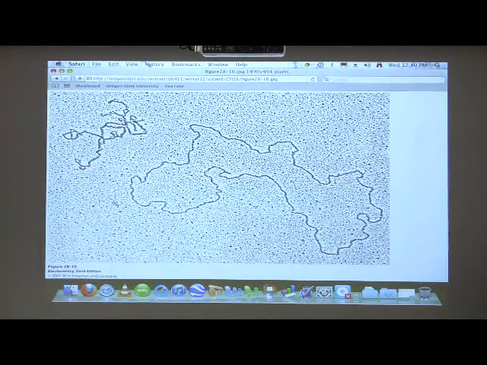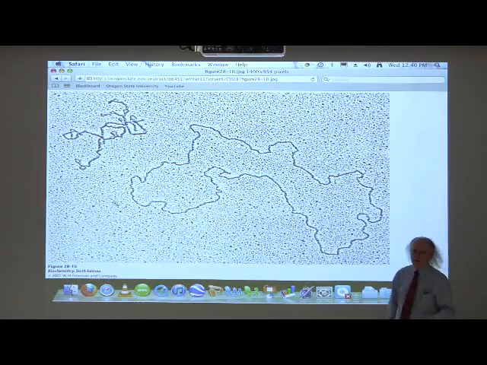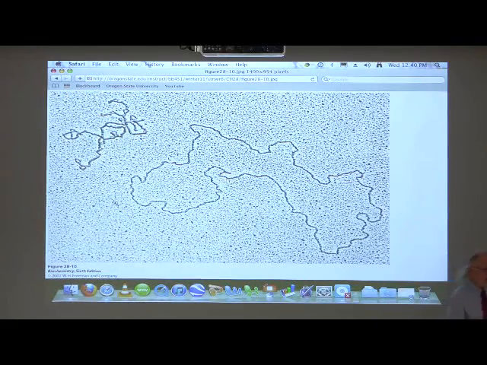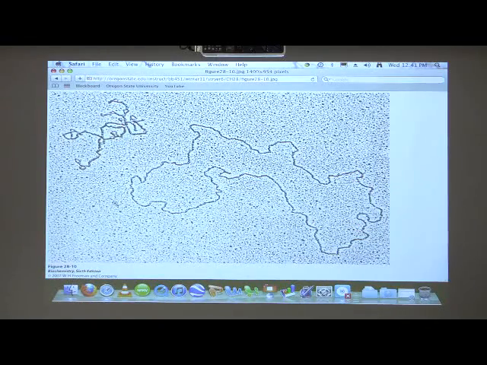And here's an electron micrograph showing the same sort of thing that you've just been seeing. This is a real live picture from an electron microscope of 2 different DNAs, one of which is relaxed, and one of which is what we call supercoiled. It has a positive or negative writhe. All right?